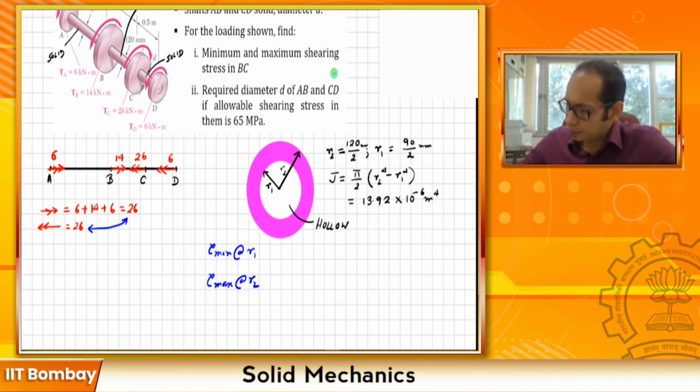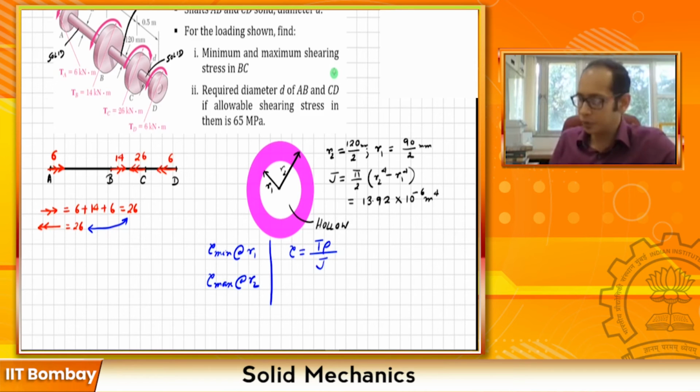We know the formula we had derived previously. Let's write the most general formula first. The most general formula was tau equals T, the applied torque, times rho, which is the radius where you are looking, divided by J. From this one you can calculate what is going to be my tau max.